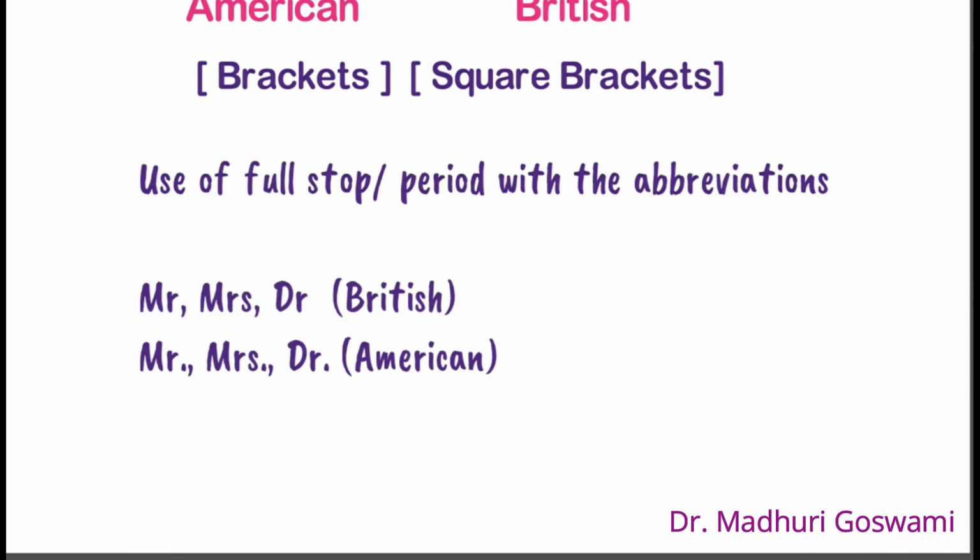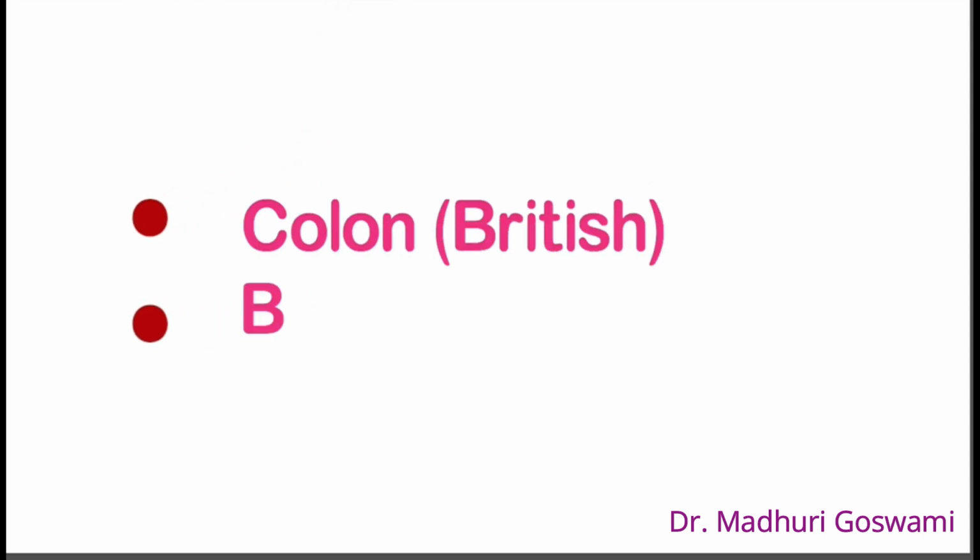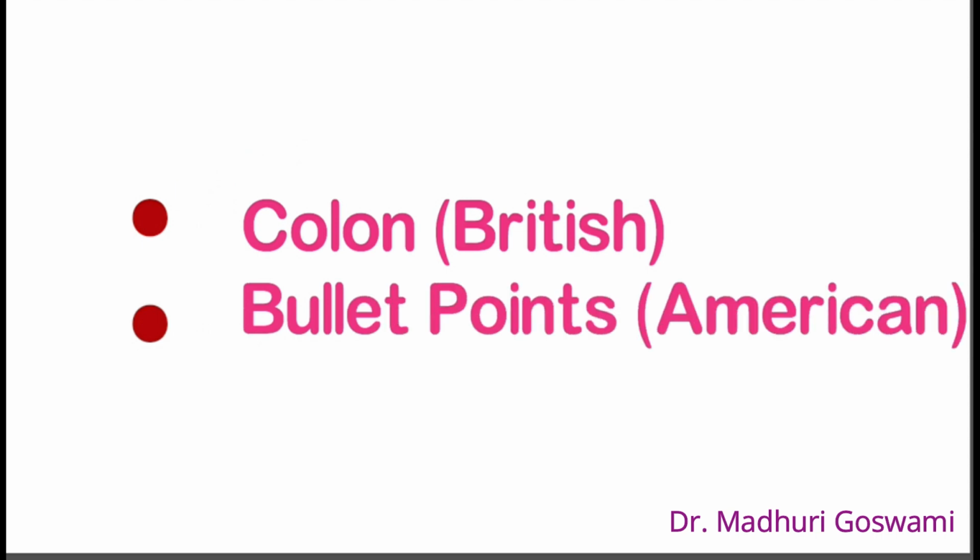For example, Mr., Mrs., Dr. are abbreviations and we use a full stop or a dot after them in American English, but in British English, we don't use that full stop. And sometimes the colon is named as bullet points in American English.